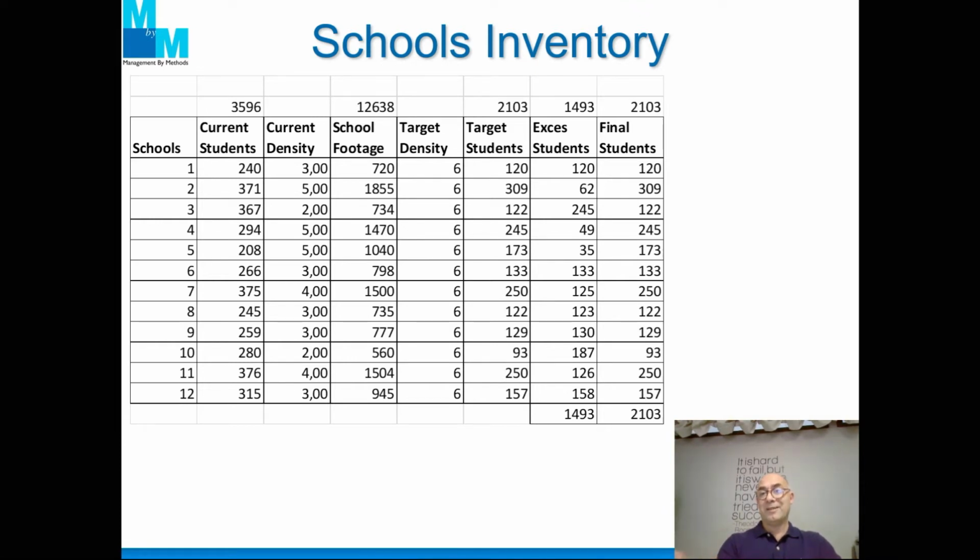So we can calculate the target students by dividing the school footage by the target density, and then by taking the difference between the target students and the current students, we have the excess students, the students that we need to move somewhere else. And then we have the final students, the students that will remain in the schools after we move away the excess students.